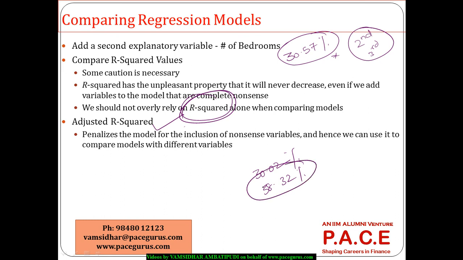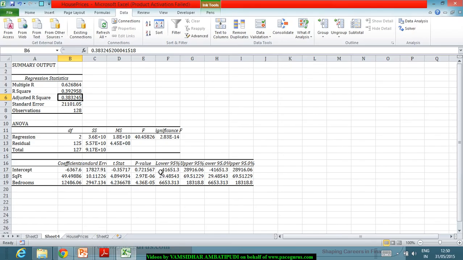Generally, in the practical world, we look at the adjusted R squared, which is a penalization for the inclusion of nonsense variables. This is the one which can really help us in the comparisons, and it is just an adjustment from the R squared.